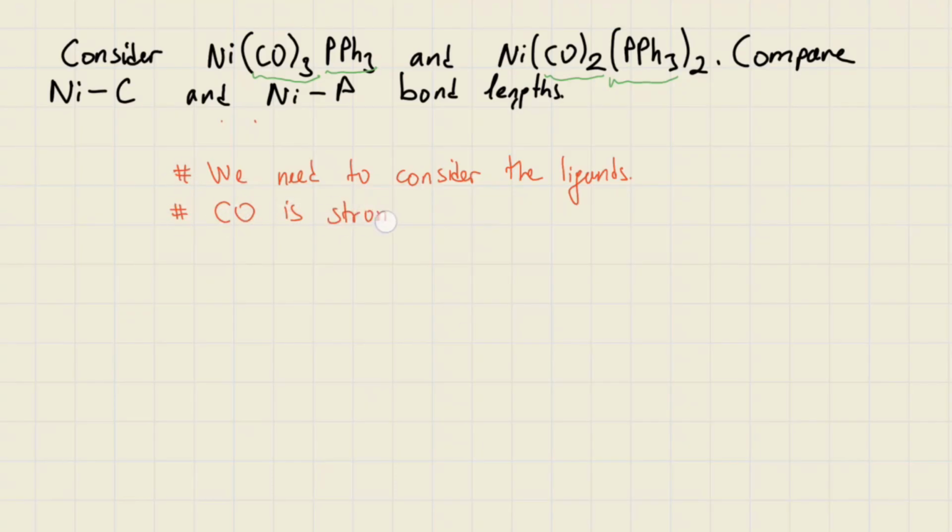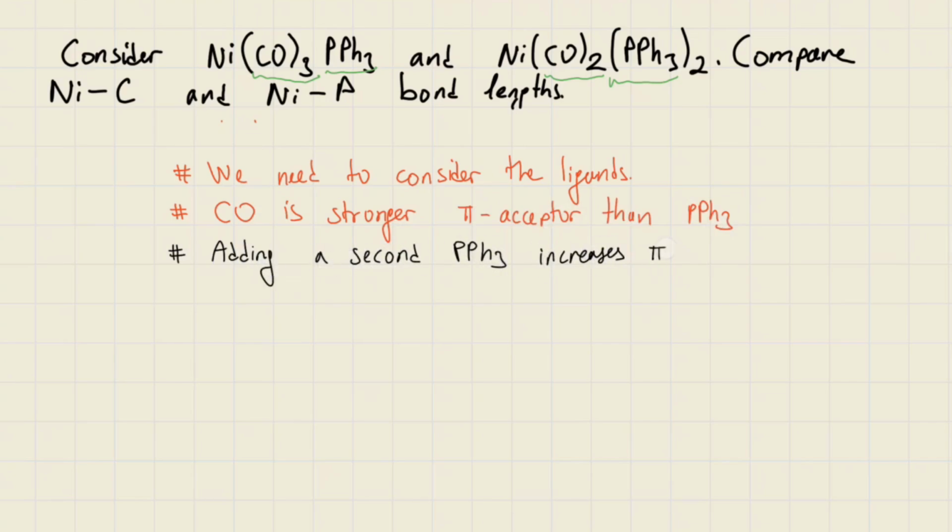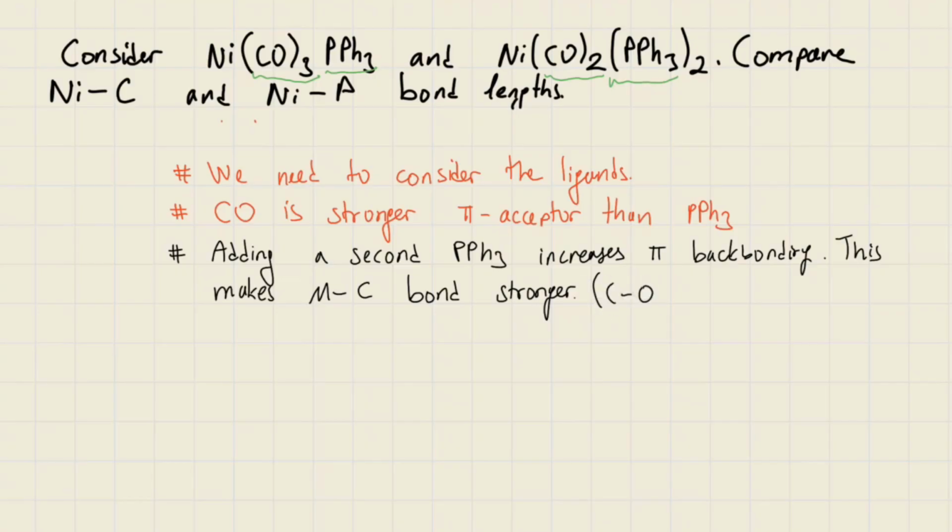Firstly, CO is a stronger pi acceptor than PPh3, and adding a second PPh3 increases the pi back bonding. This makes the metal carbon bond stronger, but the CO bond weaker, which is not part of this question, but I want to mention that.